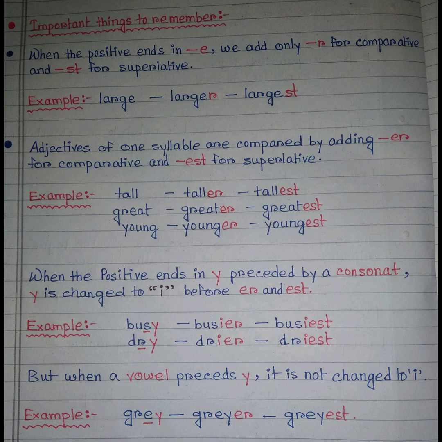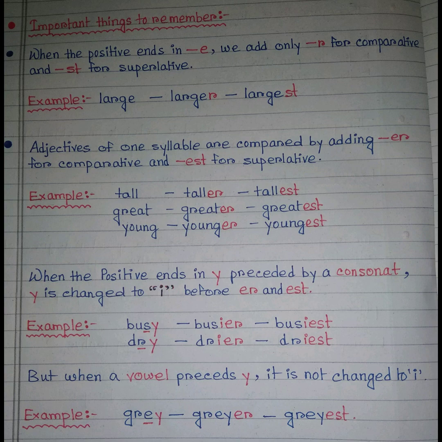As for example, busy. Here before y is s, and that is consonant. So we have to change the y to I, and then we can form the comparative degree and superlative degree. So it will be busy, busier, busiest, dry, drier, driest.